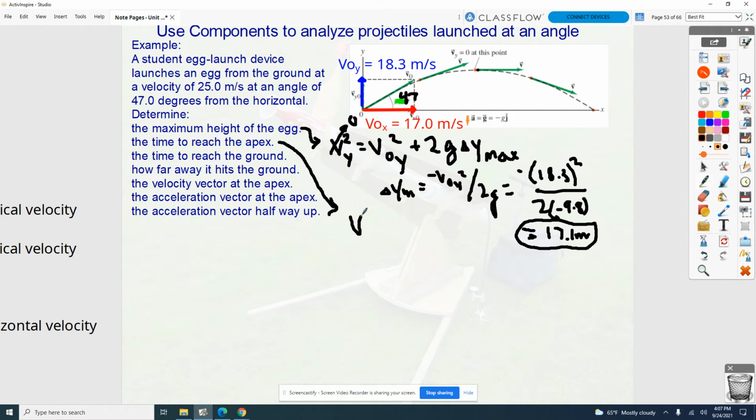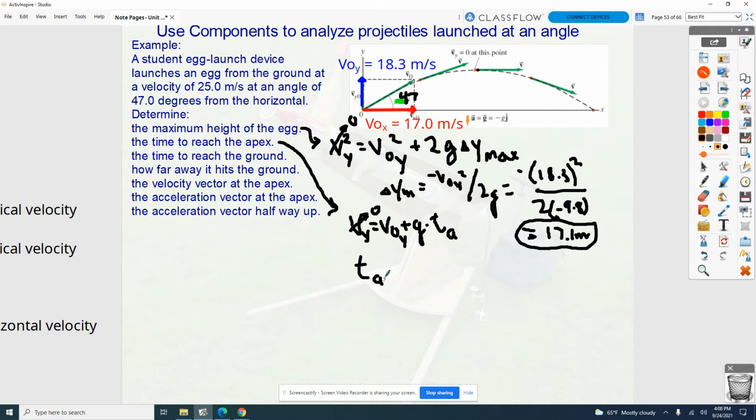We've used this equation before. v is equal to v naught plus acceleration times time. We're going to be looking at the acceleration due to gravity. v naught would be v naught in the y direction. I'm looking for time to the apex, and we know that v in the y at the very top is 0. Let's solve that for time to the apex.